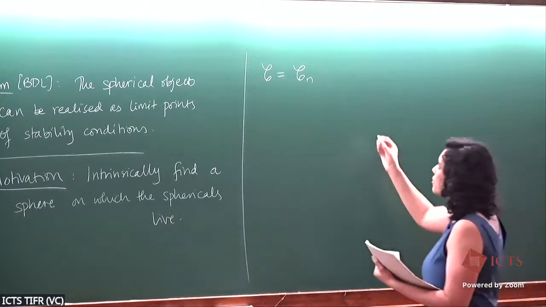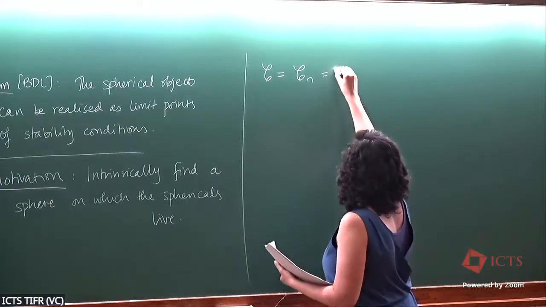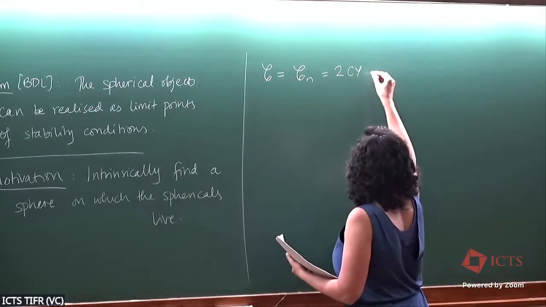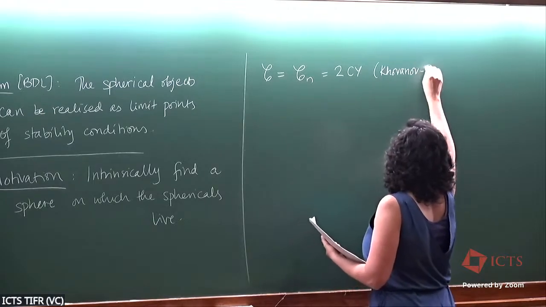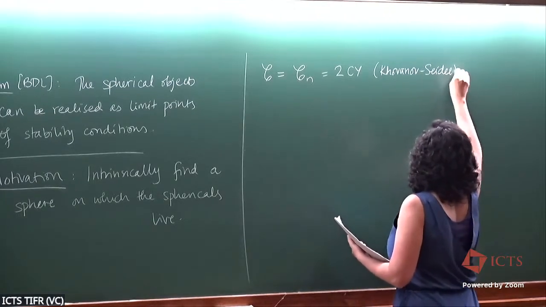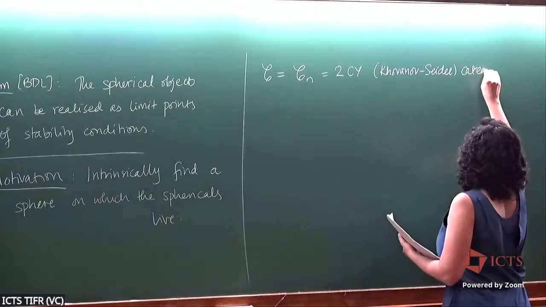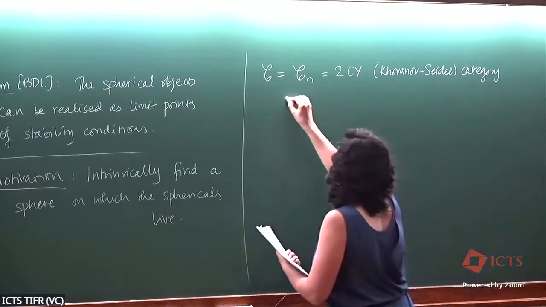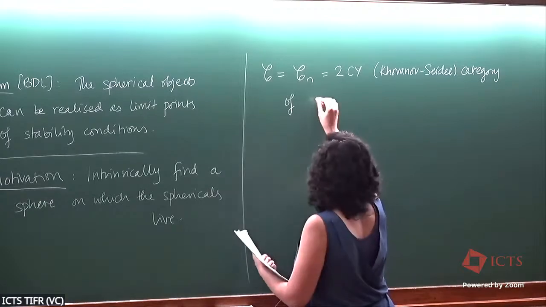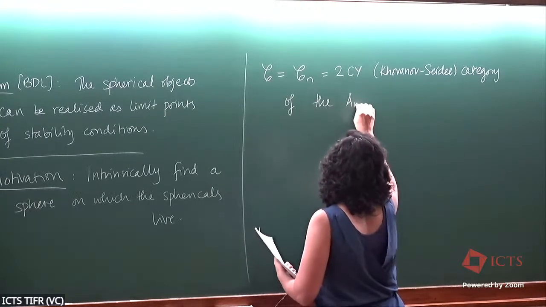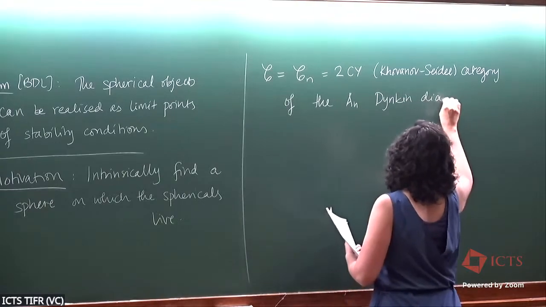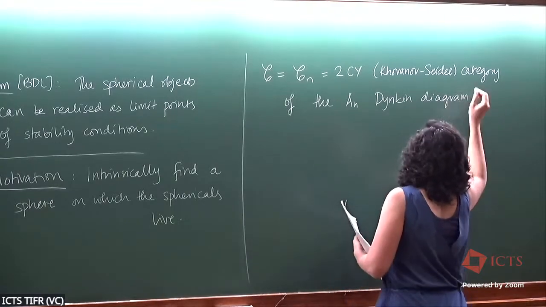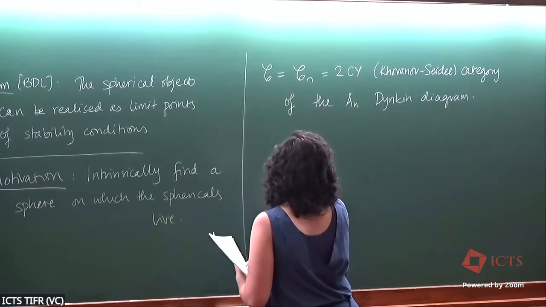of representation theory. I'll call it the Calabi-Yau category, or maybe the Khovanov-Seidel category, of the A_n Dynkin diagram. So again, I'll give a brief overview of what I want here.